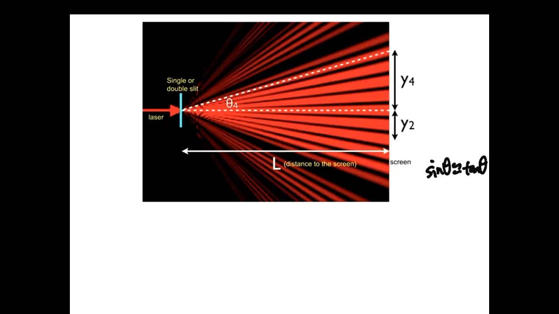And using this assumption, we're going to derive an expression for Y_m in terms of d, m, lambda, and L. So we have two equations to work with here: one for sine theta from above, and one for tangent theta from the geometry of the right-angled triangles.